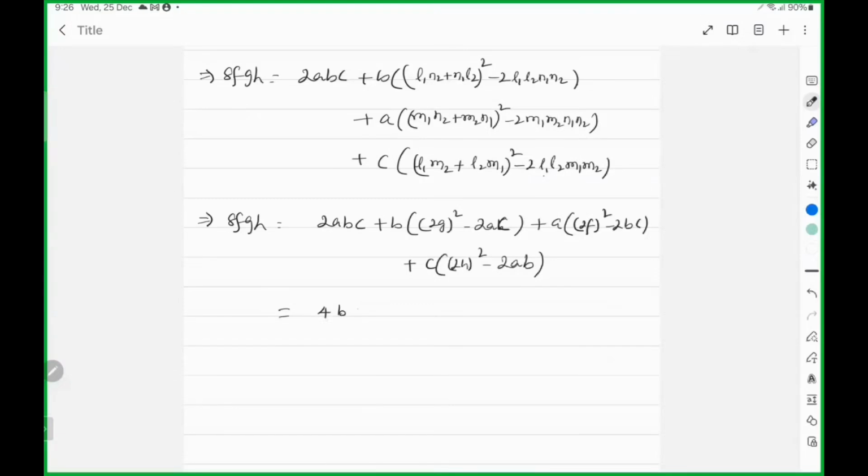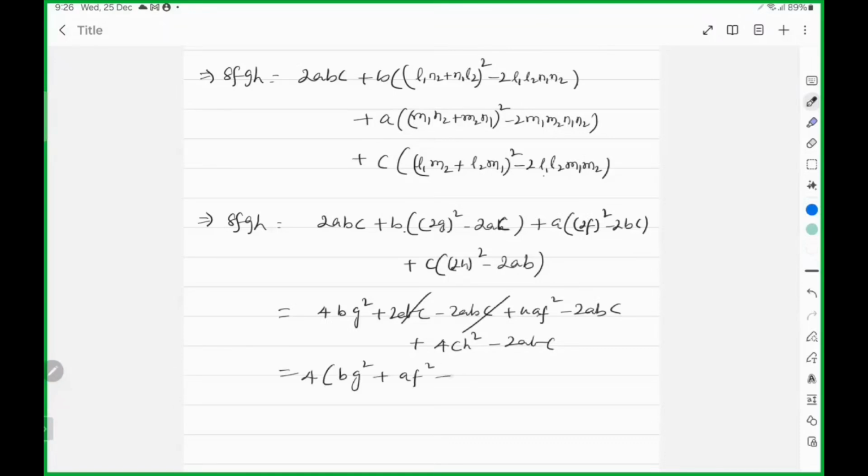So it is 4bg² − 2abc + 4af² − 2abc + 4ch² − 2abc, and the 2abc terms get cancelled. So 4 times (bg² + af² + ch²) after taking 4 common.